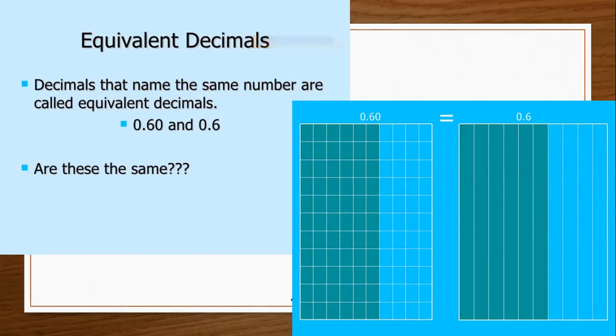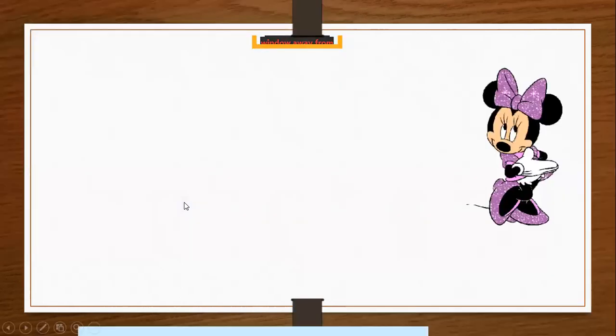So let's look at the two shaded parts in both rectangles. You will notice that both shaded parts are equal. That means that 60/100ths is the same as 6/10ths. They are the same value. So here we can say that they are equivalent decimals.